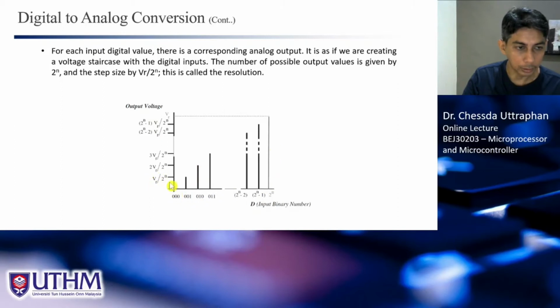This is when the size is 3 bit, so we start at 0, and we have 1 here. This is 2 power of 3, which is 8. So for example, our VR is 8, so we have 1, and here the next one, until we have the maximum.